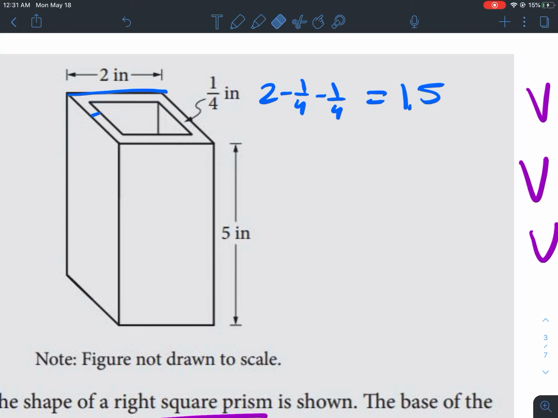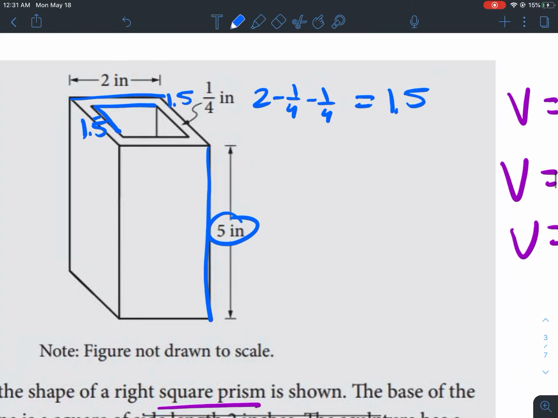So the length and width of this smaller prism is going to be 1.5 and 1.5. They also told us that the height is still 5.